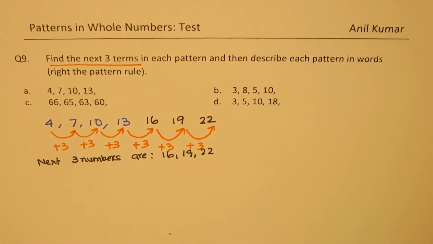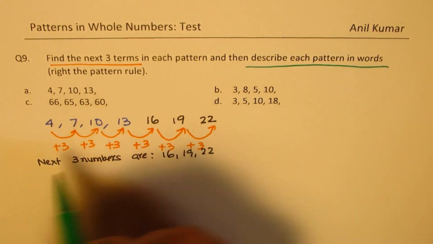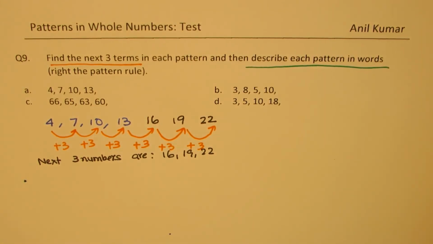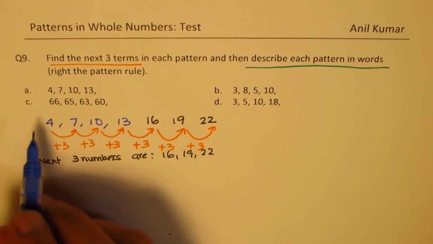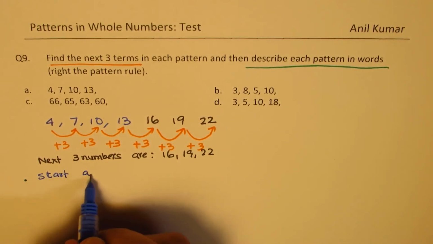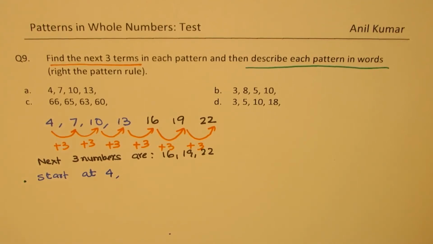Now, second part of this question is then describe each pattern in words. Right. So now we need to describe the pattern, correct? So to describe the pattern, what should you do? Well, the important criteria is always write down the first term. So you can start at 4, and then what do you do?